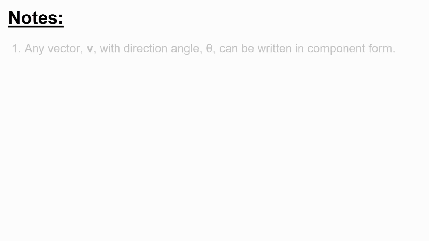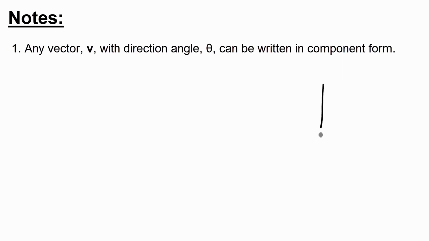Okay, note number 1: any vector v with magnitude of v and angle theta can be written in component form. So here's what we're saying with a graph. I'll graph v in the first quadrant, although you don't have to.